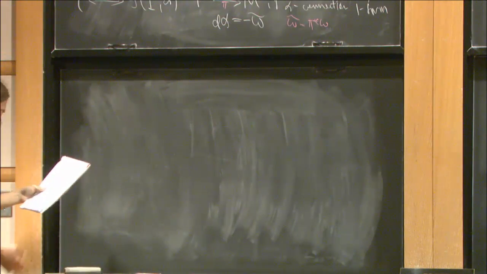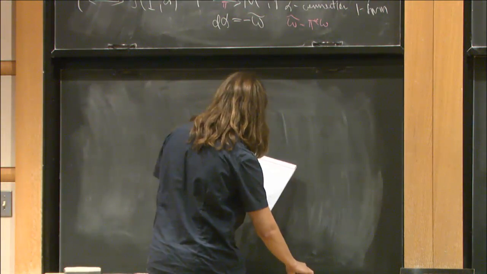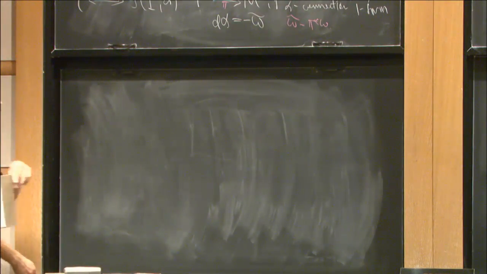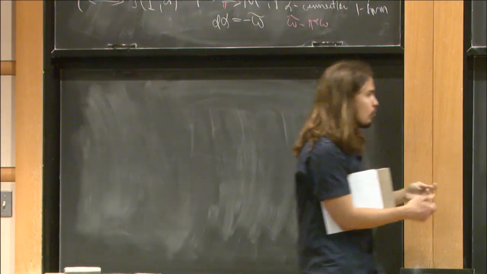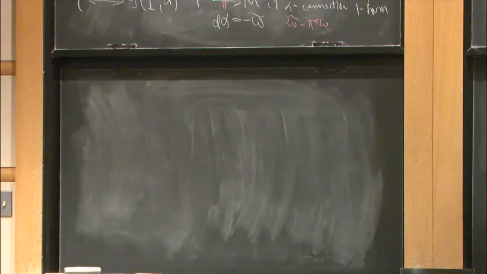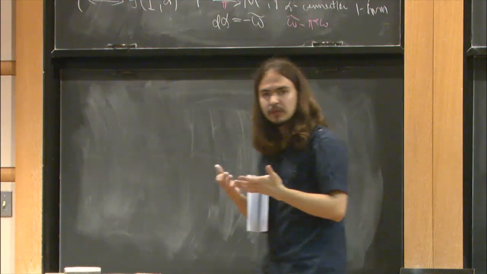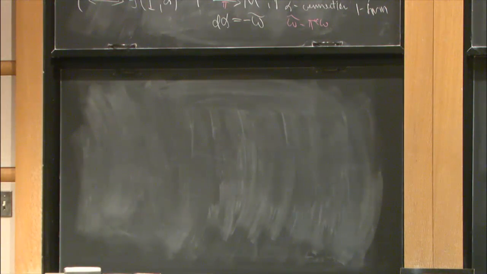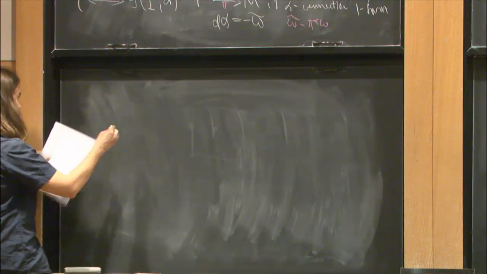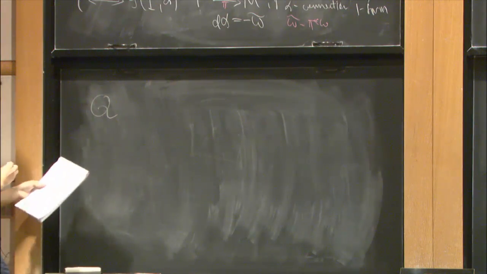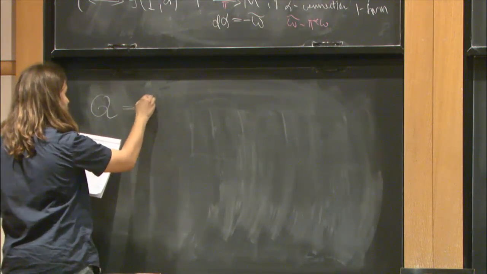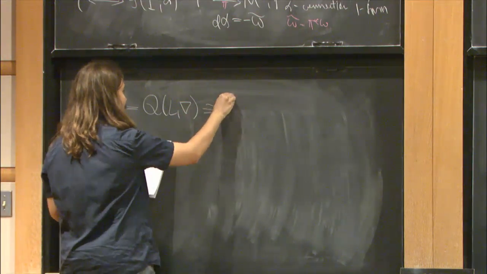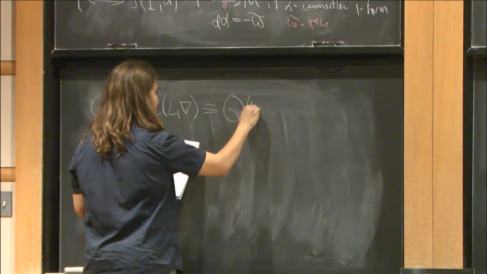All right, so we have this, and then it turns out that in this case, the more natural group is not the Hamiltonian group, but a certain extension of the Hamiltonian group, which comes from this geometric data. So this is the quantomorphism group. Let me call it Q. So Q of L nabla, which is the same as Q of P alpha.